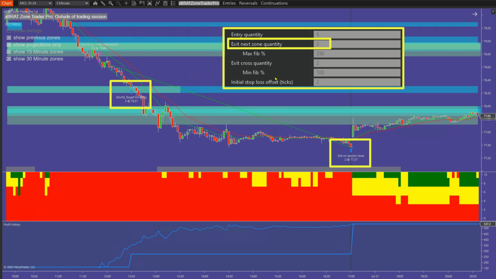Exit at cross quantity is 2, but it hit the session close. And for MCL on the 3-minute, in this situation, we've optimized and said you need to close at session close. So that's what it's done. It didn't cross. So we got the session close there, and it took the profit.